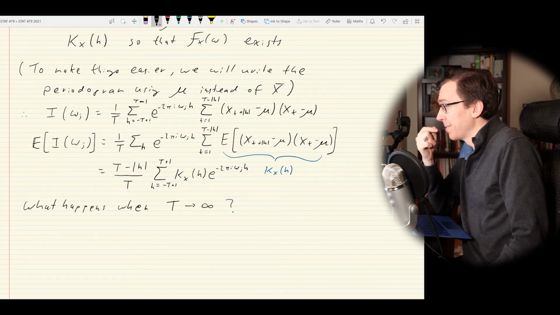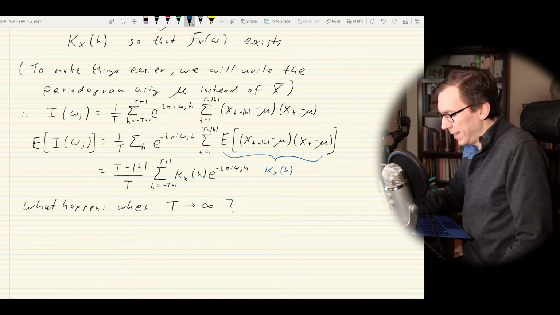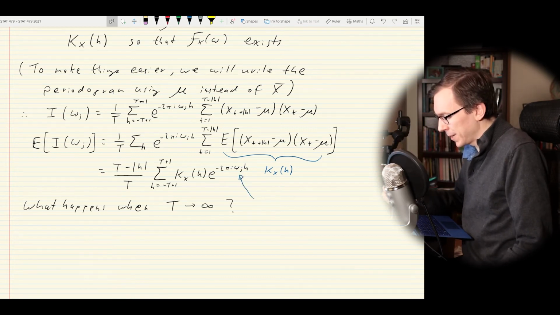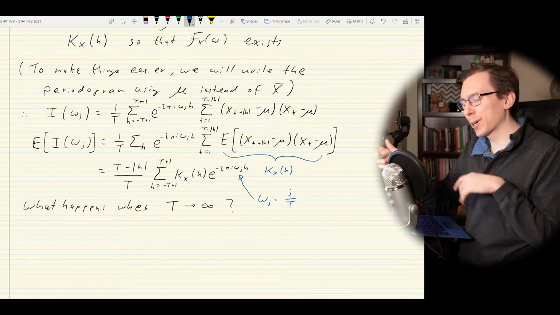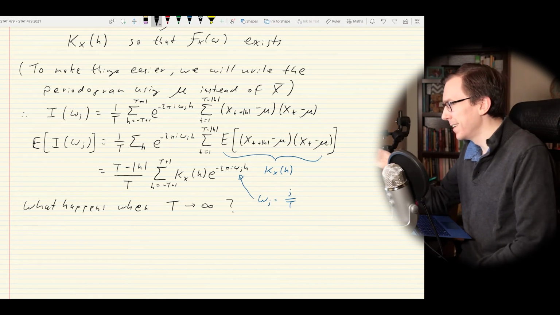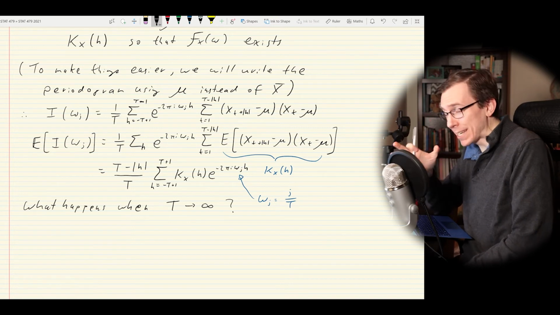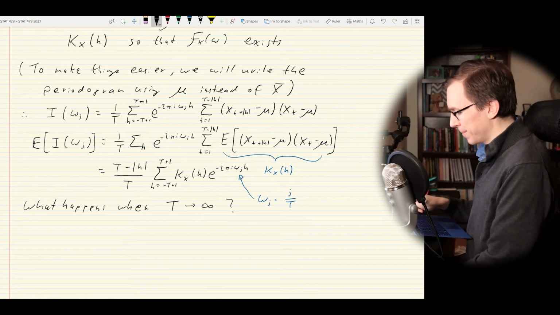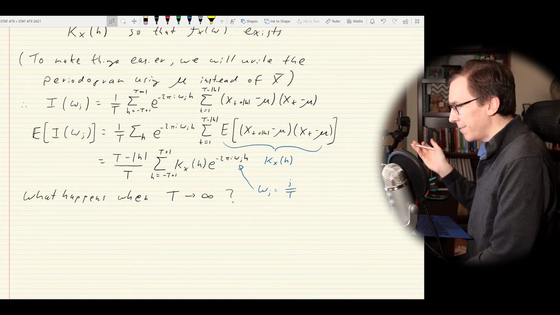But we actually have to do one other little tricky thing, and that's to figure out what happens with the frequency, right? Because there's a t hiding in our frequency here. Omega j is going to be j over t. So it's a little bit more complicated than you think at first. You want it just to become the spectral density, and that's what it's going to become, but we have to be a little bit more careful mathematically than just replacing t with infinity.